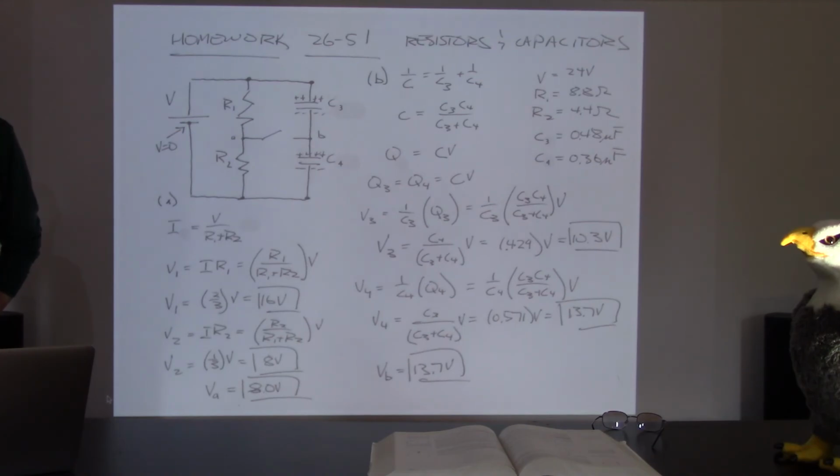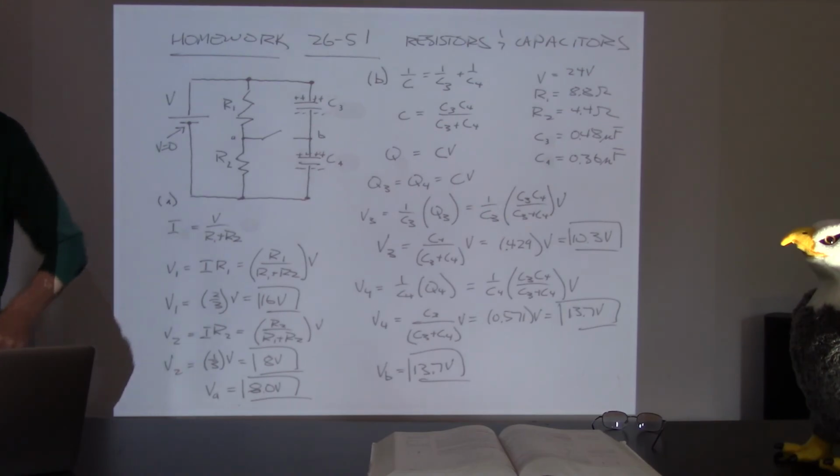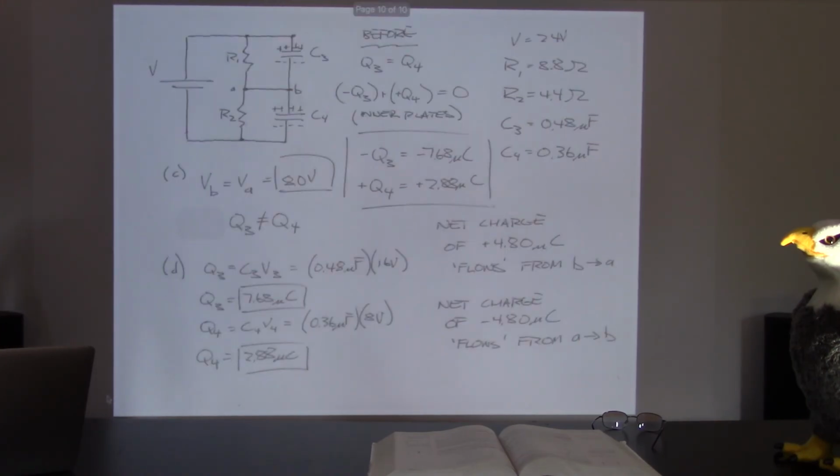Oh no, I never solved for Q. I never solved for I. I mean, they didn't ask us to, but usually I'm curious. I wanted to see how much it had changed. No, I don't see it.